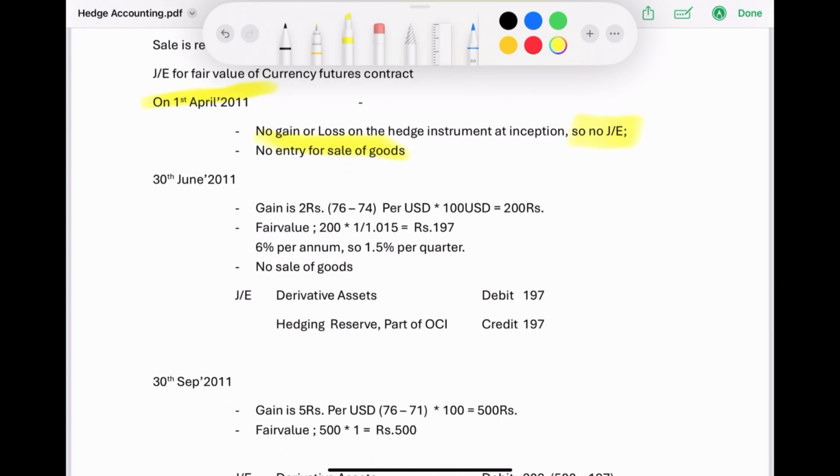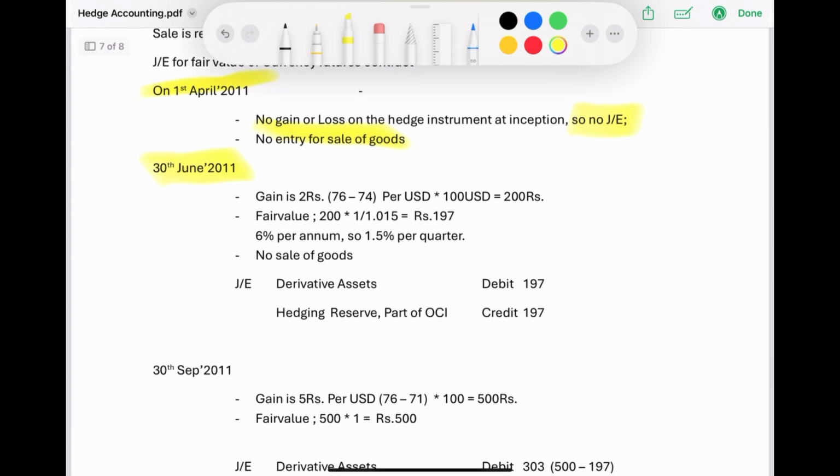Okay, then on 30th June, let's see what will happen. On 30th June, there is a gain of 2 rupees per USD, because your forward contract rate is 76, but your spot rate as of end of 30th June is only 74. So which means using the forward contract, you are gaining 2 rupees per US dollar, and for 100 USD, you are gaining 200 rupees.